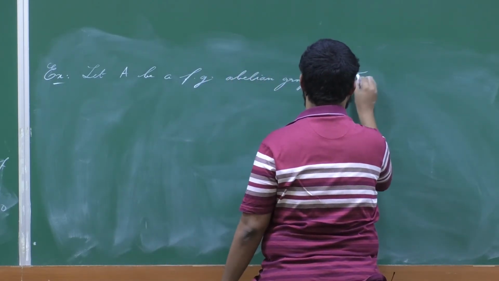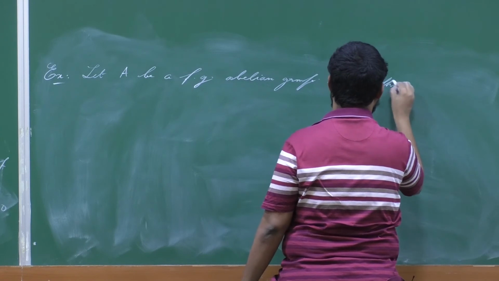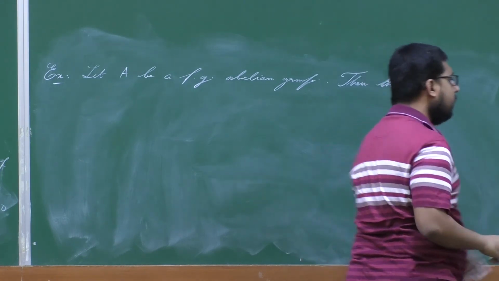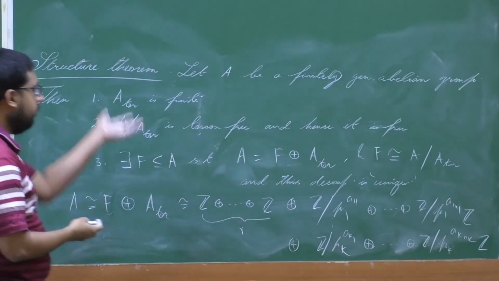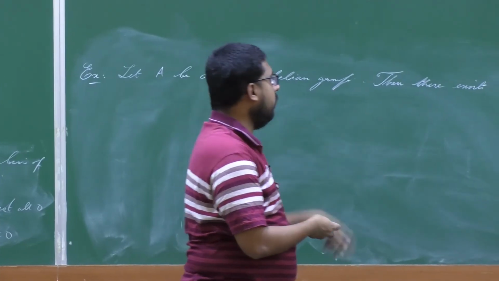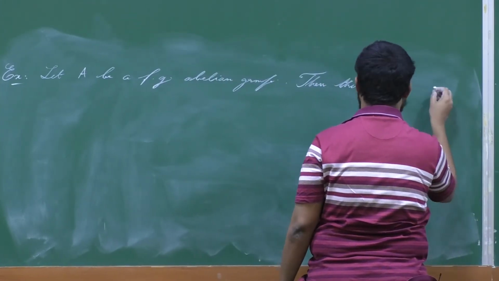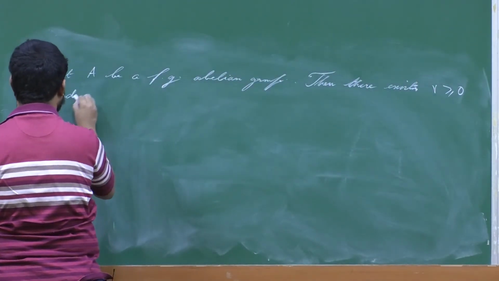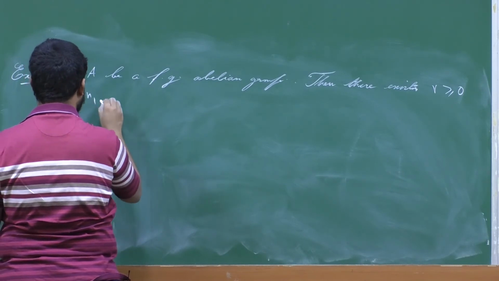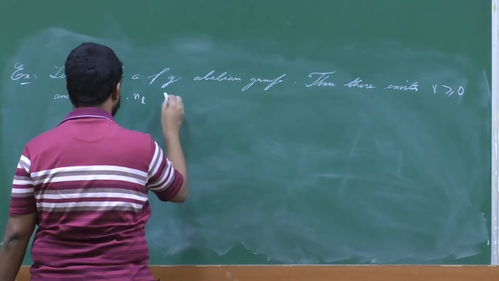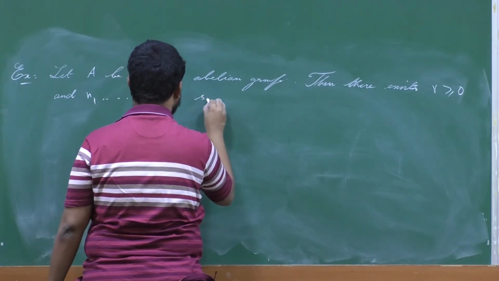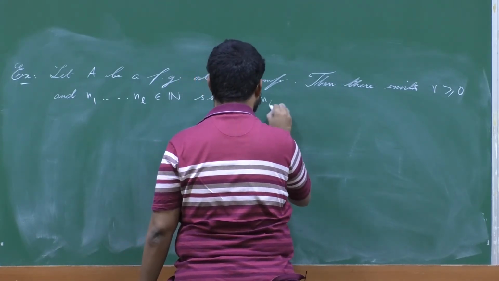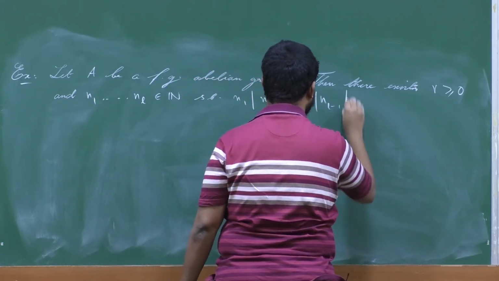Then there exist, remember that it may so happen that the free part is trivial, if A tor is the whole of A, non-negative integer r and positive integers n1 up to nl, such that n1 divides n2, and so on, nl minus 1 divides nl.